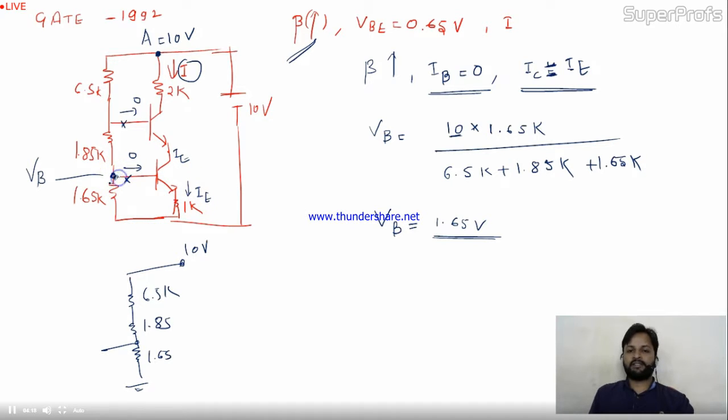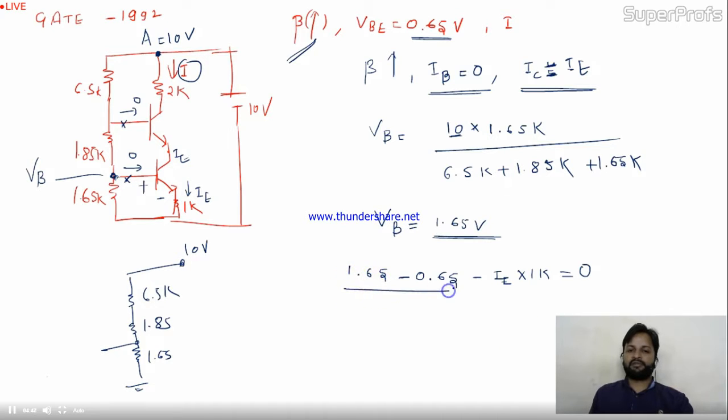How? I'll start at this point. VB voltage is given 1.65. Here I'm getting a voltage drop, and the voltage drop is given 0.65, so minus 0.65. Let's come to this branch. In this branch I'm getting again a voltage drop, and that voltage drop is I multiplied with 1K, so IE into 1K equal to 0. Is it clear to you? The situation is like this.